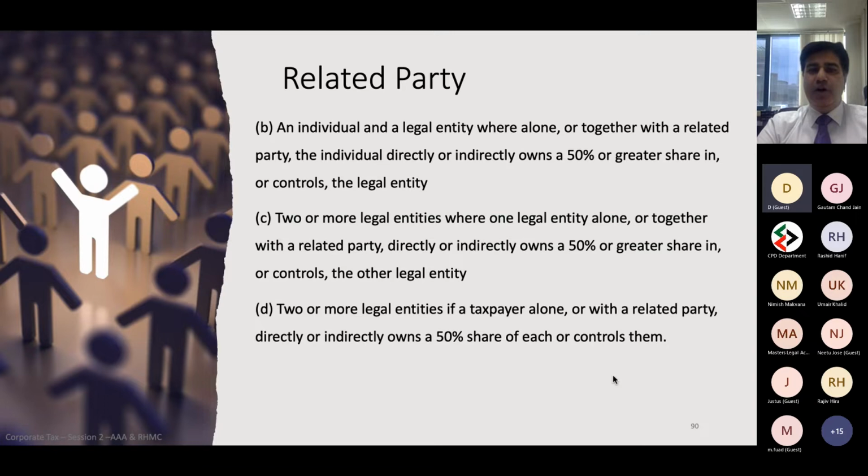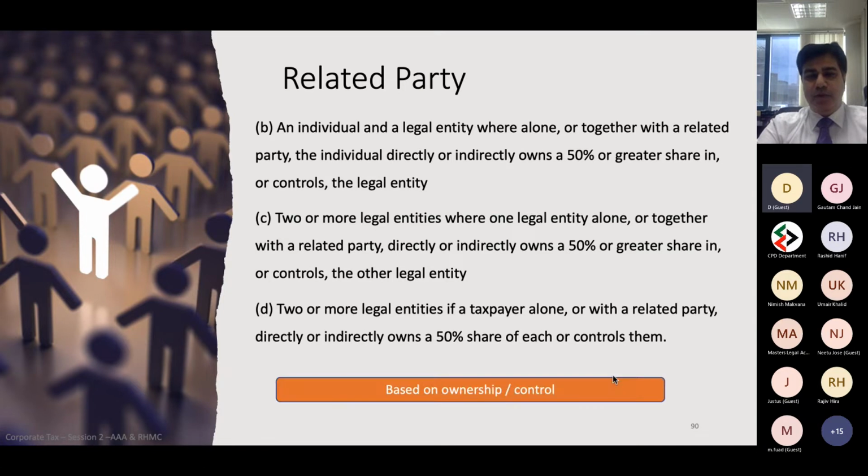That means with themselves or with the related people, family members which we talked about in the previous slide, 50% plus control. So all those structures come into play. So the basis is ownership and control. First is relation, second is ownership control, but again, ownership control also has an element of relationship.